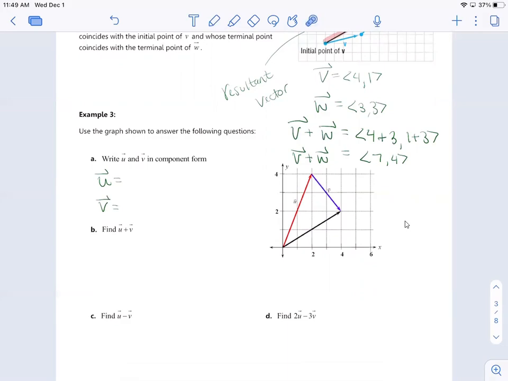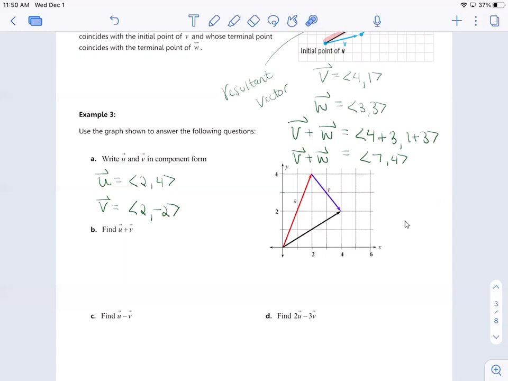So I started my initial and I went 1, 2, positive 2, and then I went 1, 2, 3, 4. Okay, now for v, I went 1, 2, but then I went down 2. So that's why it would be 2 and then negative 2.